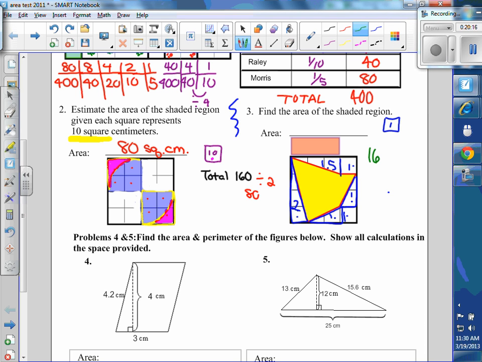Yeah, you take 7.5 away from 16. So what's 16 take away 7? 9. Now take another half away. 8.5 square units, right? That's the yellow.